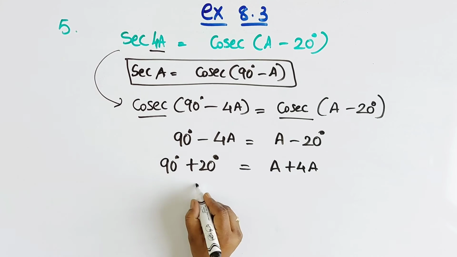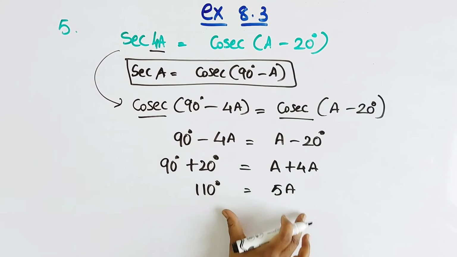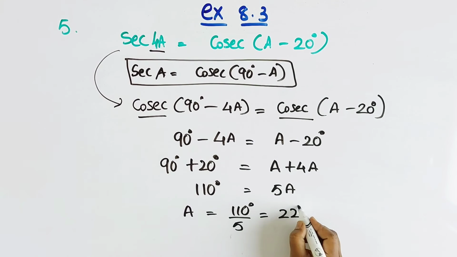Here 5A. From this step we can write A equals 110 degrees divided by 5. So A is 22 degrees, children. A value is 22 degrees.